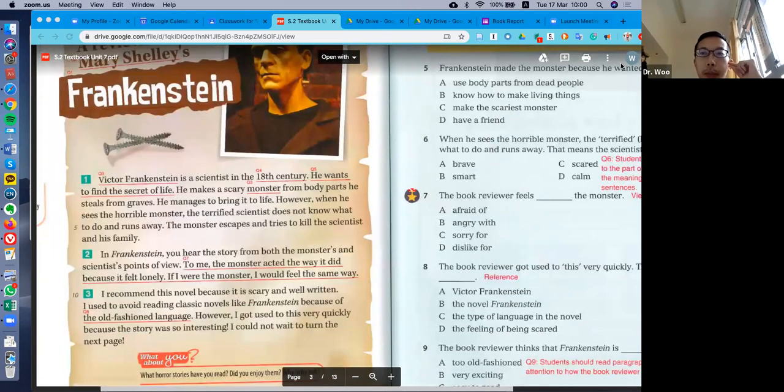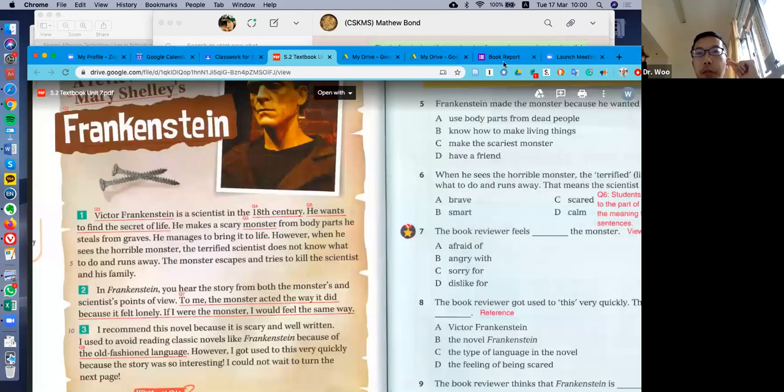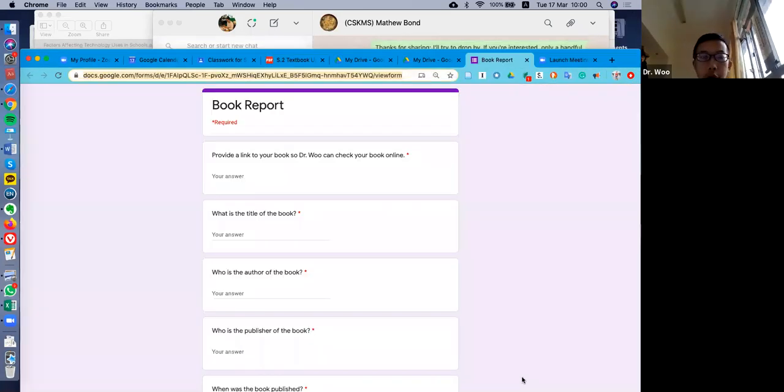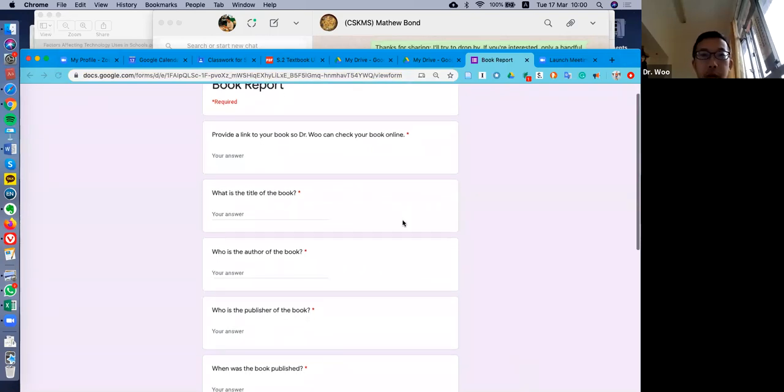Now I know one piece of homework that you have this week, you may have already completed it, was this book report. And it's a simple book report.